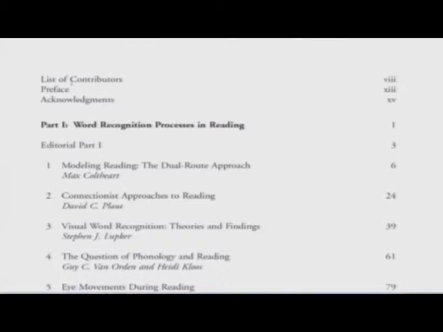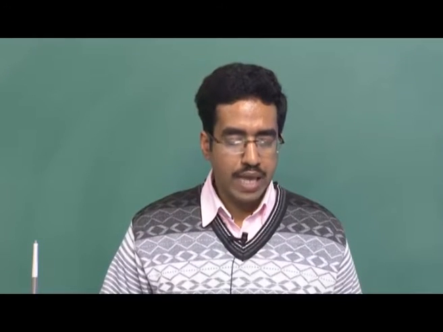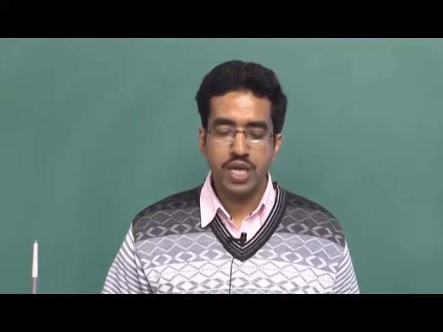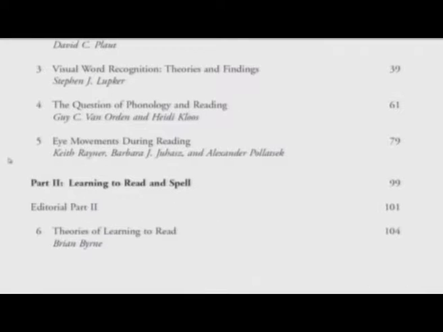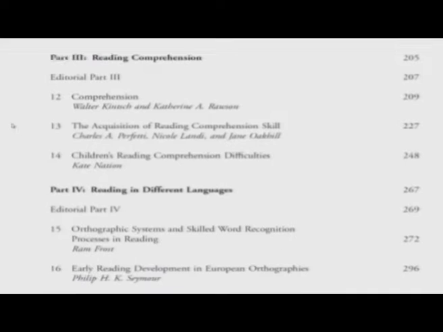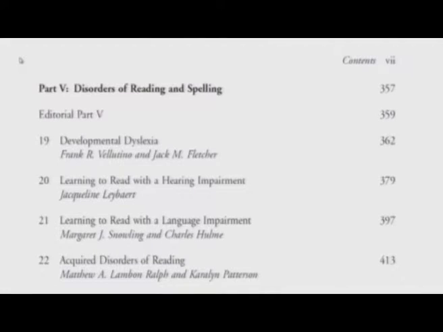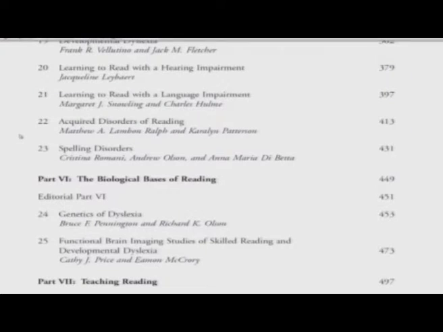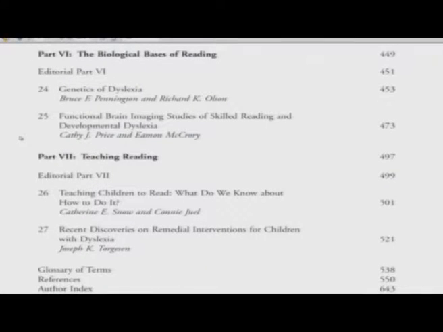In this case, you can see that the book has been divided into multiple parts. So, for example, part 1 is word recognition processes in reading, part 2 learning to read and spell, part 3 reading comprehension, part 4 reading in different languages, part 5 disorders of reading and spelling, part 6 the biological basis of reading, part 7 teaching reading.